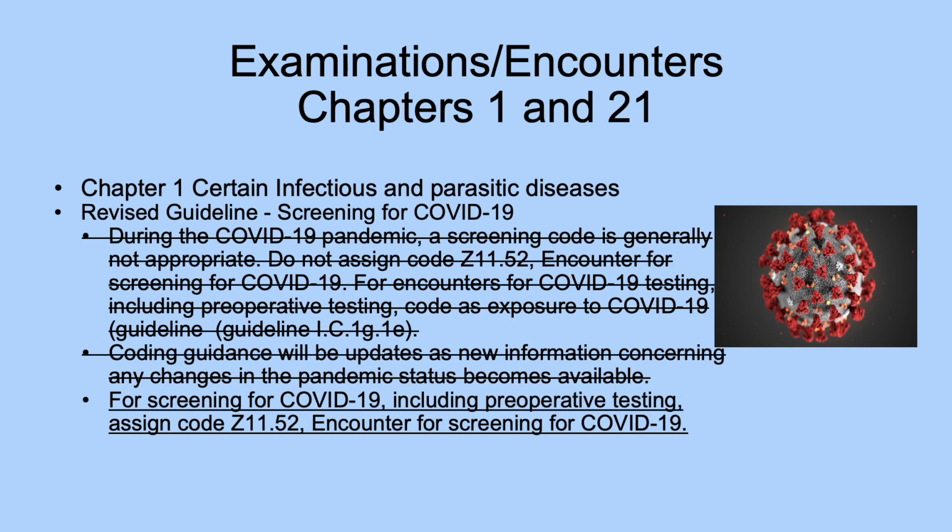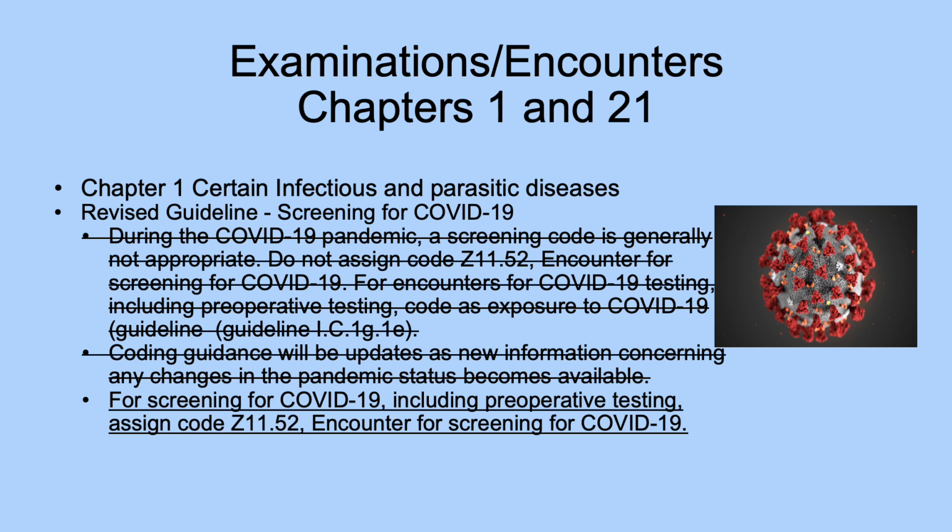So that's all the codes dealing with specific conditions. Changes were also made to the codes for examinations, encounters, and screening. For COVID-19, they deleted the part about the pandemic. It said that during the COVID pandemic, a screening code is generally not appropriate, don't use Z11.52.